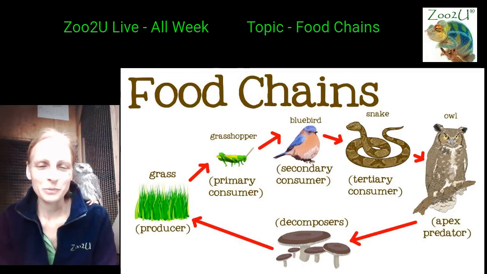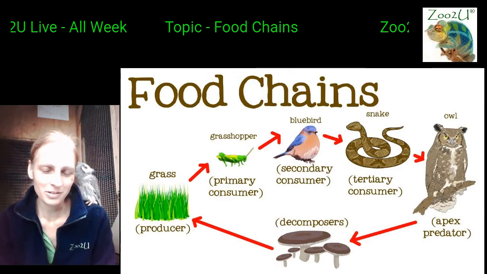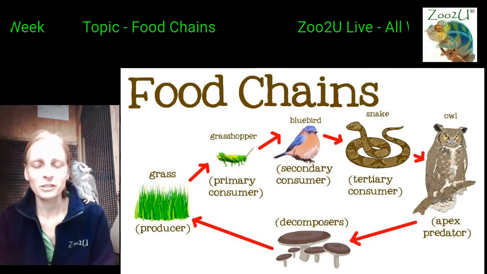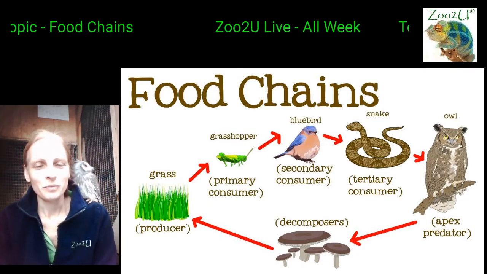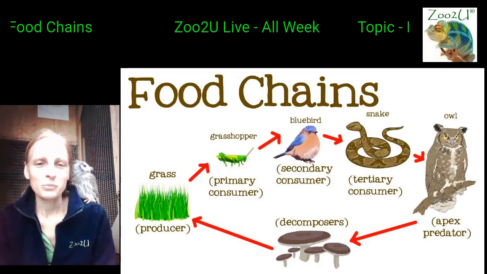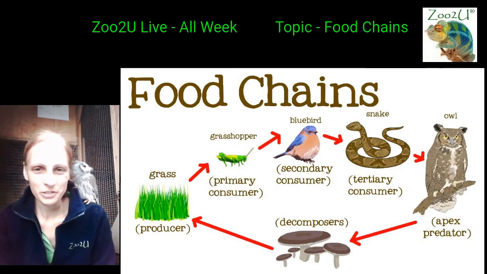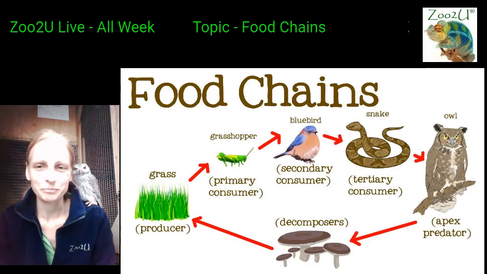We start off with the producer. Here on this picture it's a grass, but the producer could be a plant of any description, and we'll have a little look at that in a bit. The next link in the food chain would be the organism that would eat the producer, and we call that a primary consumer.